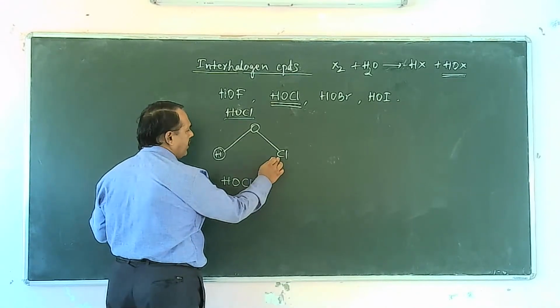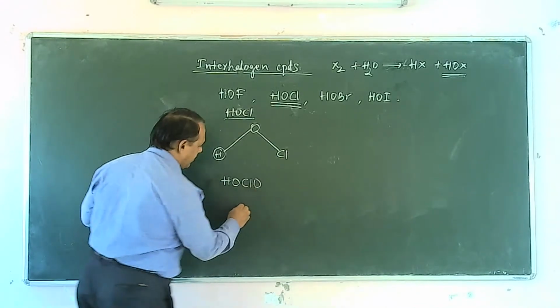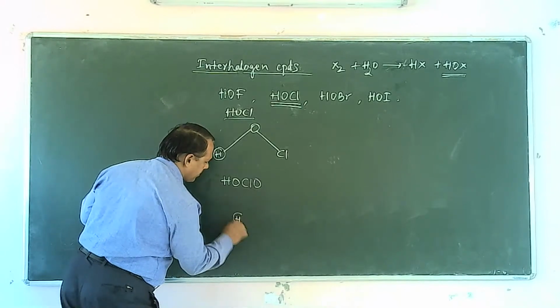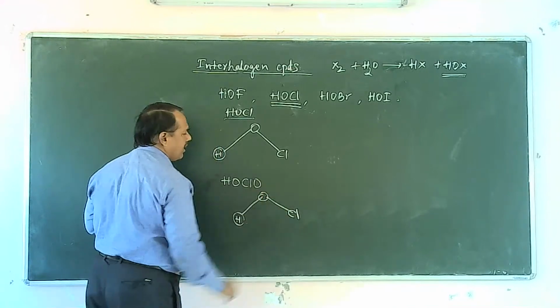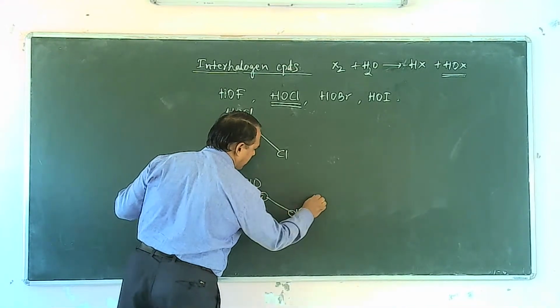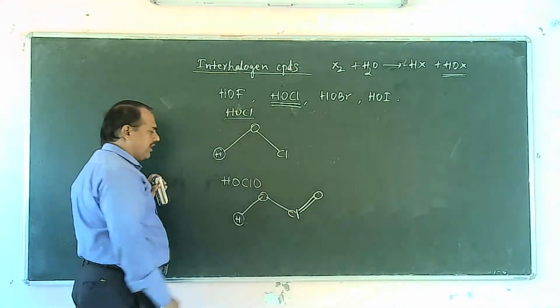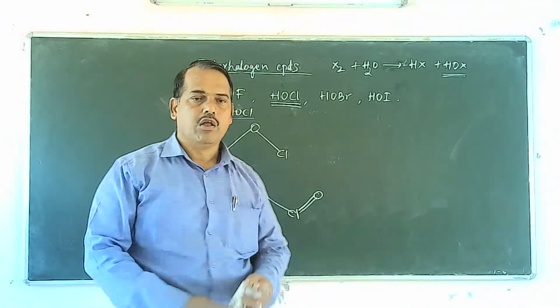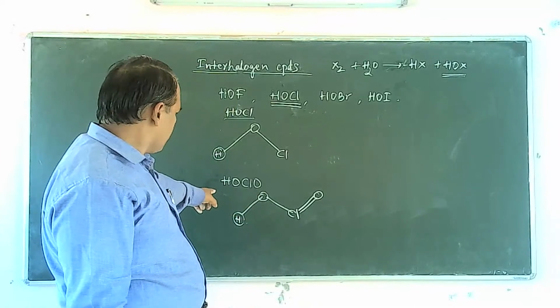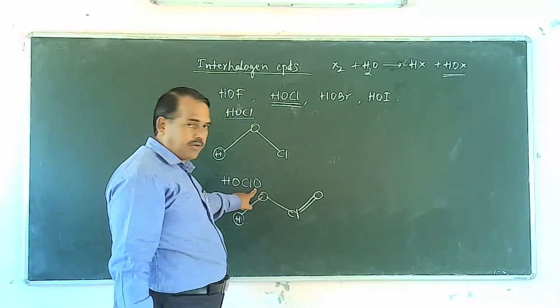See again, one chlorine atom, so it is nothing but H, and again O, and again Cl, and another oxygen attached to chlorine. Are you clear? So that is chlorous acid.